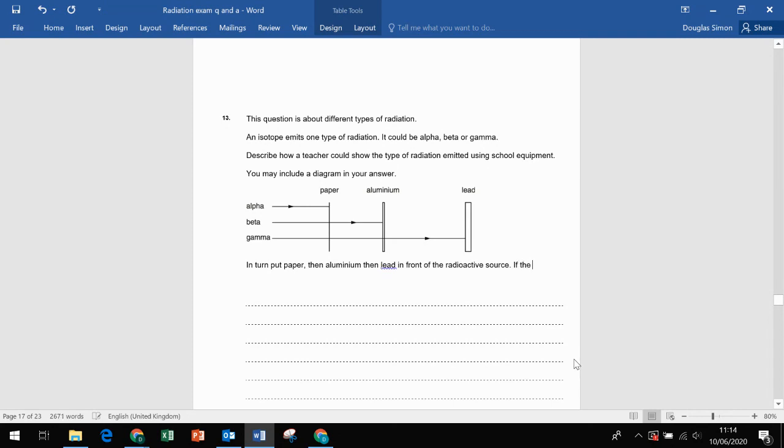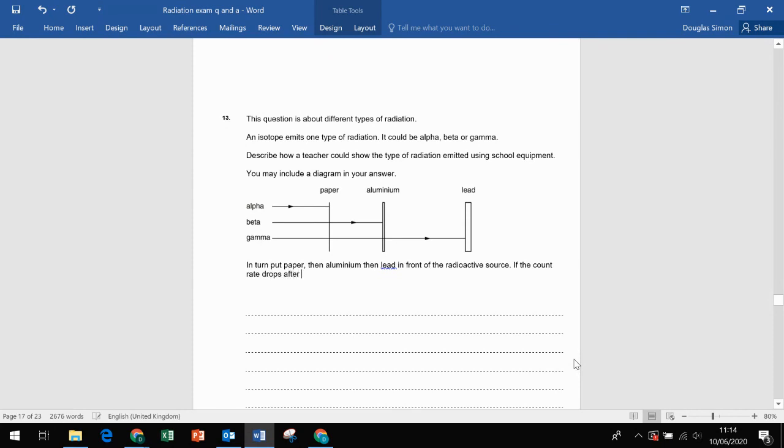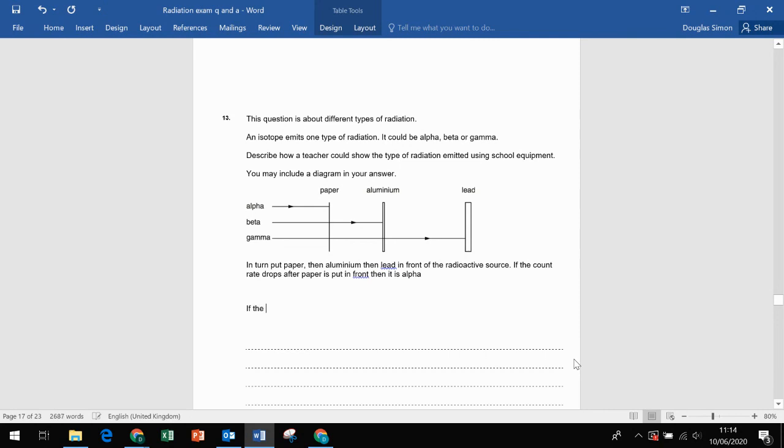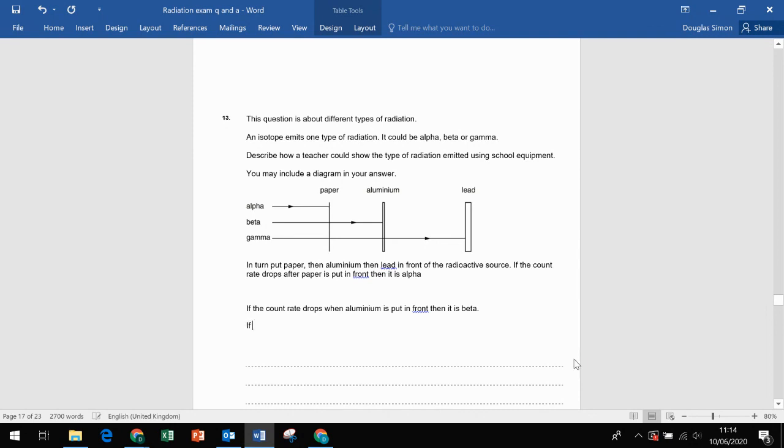So if the count rate drops after paper is put in front, then it is alpha. If the count rate drops when aluminium is put in front, then it is beta. And if the count rate drops when lead is put in front, then it is gamma.